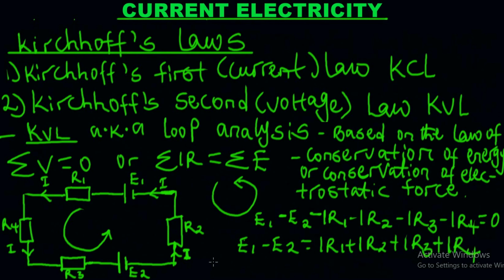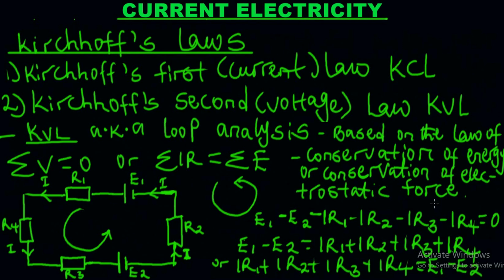Or you could do it the other way around. You could just choose to write it here, still the same: IR1 plus IR2 plus IR3 plus IR4 is equal to E1 minus E2. So this is it. This is how you solve questions under Kirchhoff's law.